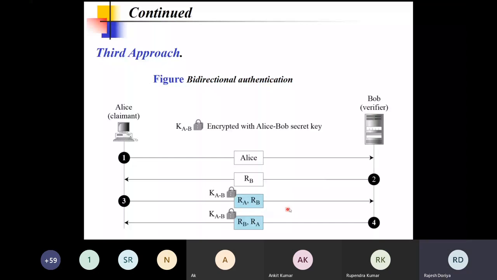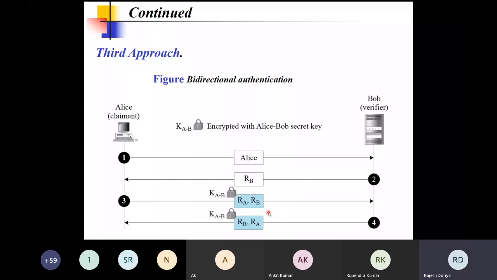Upon receiving these numbers at Bob's end, Bob then again sends these two numbers to Alice, and this time the change is that the sequence has been changed. Earlier we were sending RA, RB, and now this time Bob is sending RB, RA, so that the replay attack can be prevented.